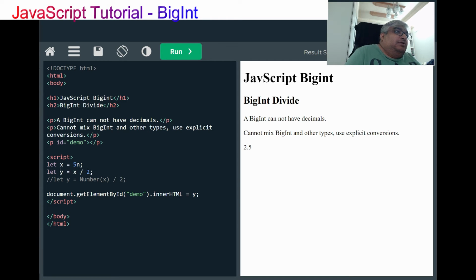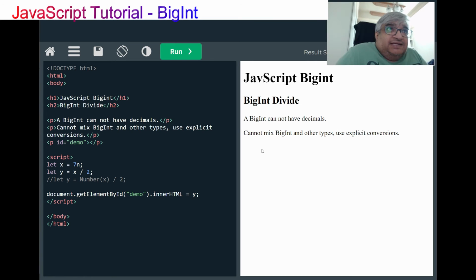And when I remove this y, the answer will be 2.5, or maybe it's 7, so the answer will be 3.5. Now I make it a BigInt, right? And try to do it, and oh my god, there's no answer. What happened?